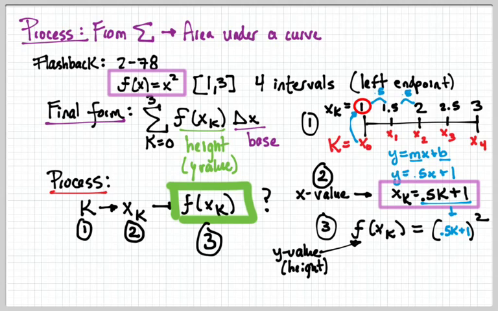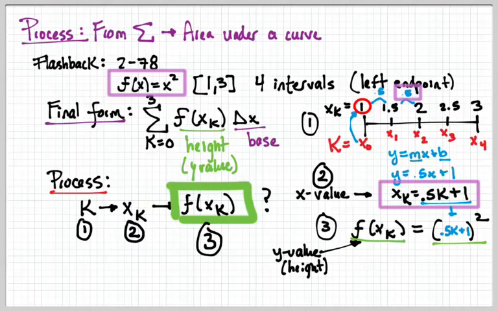Okay, so now that I have f of x of k, I know it's equal to this expression, and my change in base, my delta x, is 0.5, which we got from our difference up here, and that will always be the same. We can write our final sigma notation.